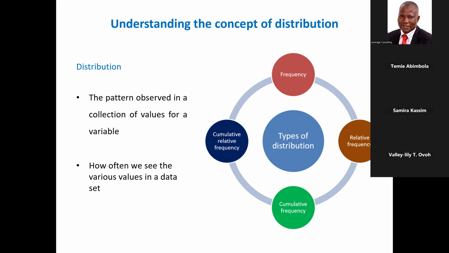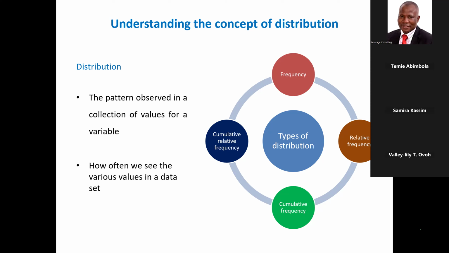From collection up to summarization, that is descriptive statistics, and you do that for a sample. While inferential statistics is how you make judgment about the population parameter from the sample statistics.